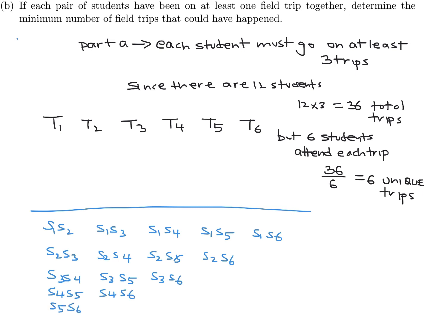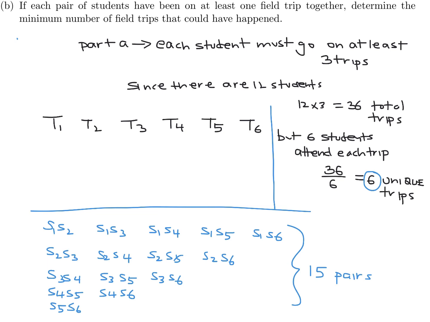These are, let's see here, 1, 2, 3, 4, 5, 6, 7, 8, 9, 10, 11, 12, 13, 14, 15. We got 15 pairs. And we have to assign them in these trips in a way so that each pair of students have been on at least one field trip together. Okay, so we have concluded that it's 6, but I want to show it so that it makes sense as to how this can be done.